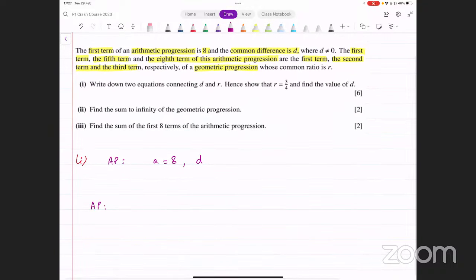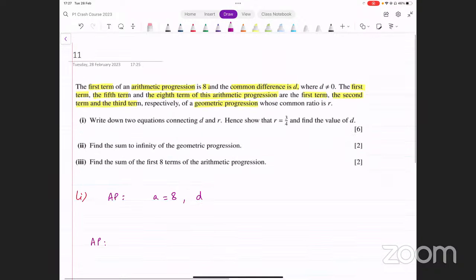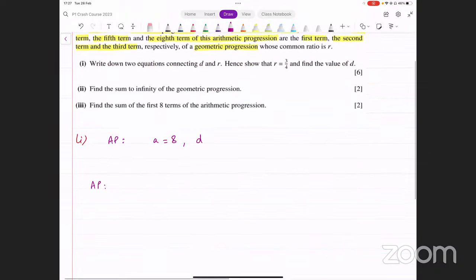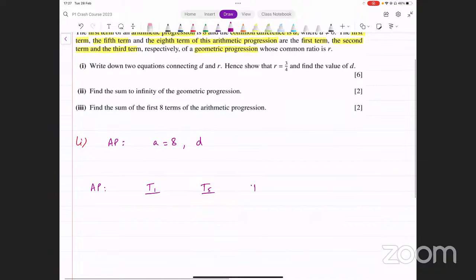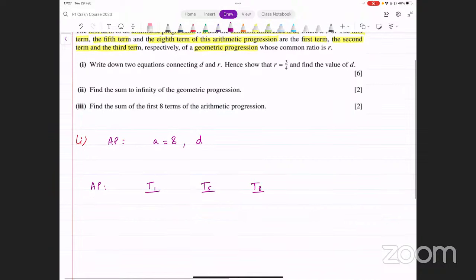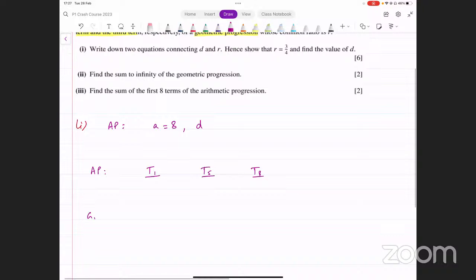So first of all, we have an AP. For the AP, we are looking at the first term, the fifth term, that's T5, and the eighth term. For the GP, we are looking at the first three terms, so that's T1, T2, and T3.